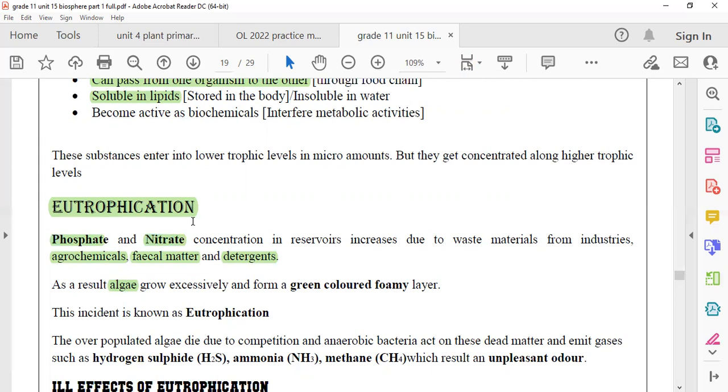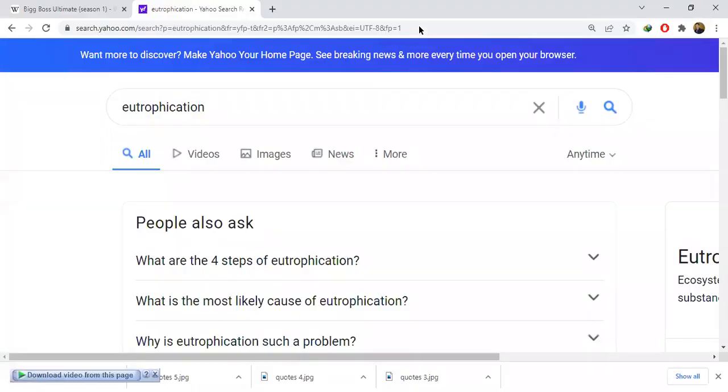When you provide phosphate, nitrate excessively, what happens is they also grow excessively. Ultimately, that environment is turning to a green color environment. Eutrophicated environment will be a green color environment.